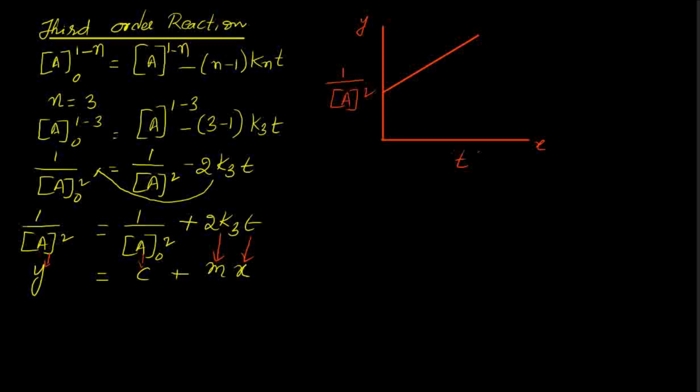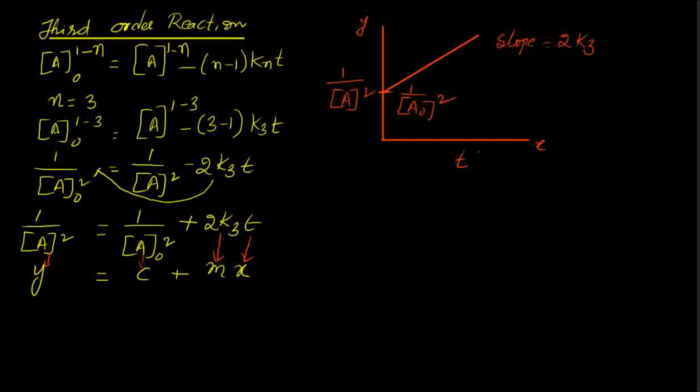So this is the slope, the 2 K3, and this is the intercept, 1 by A naught power 2.